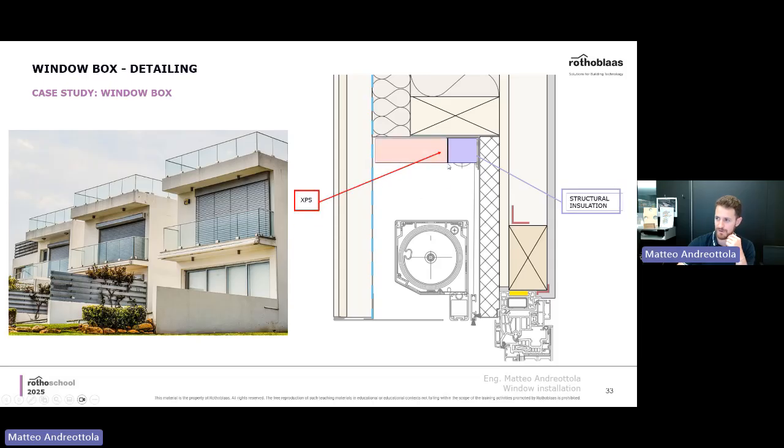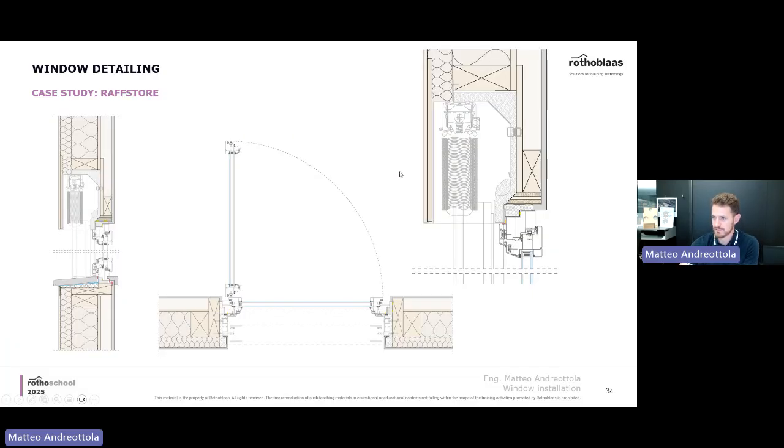On the rest of the detail, you can place, for example, XPS or other insulation material according to your needs, so that you don't have issues at all. And obviously, you adjust the element here for the mosquitoes, so that you can fix it directly to the structural insulation.